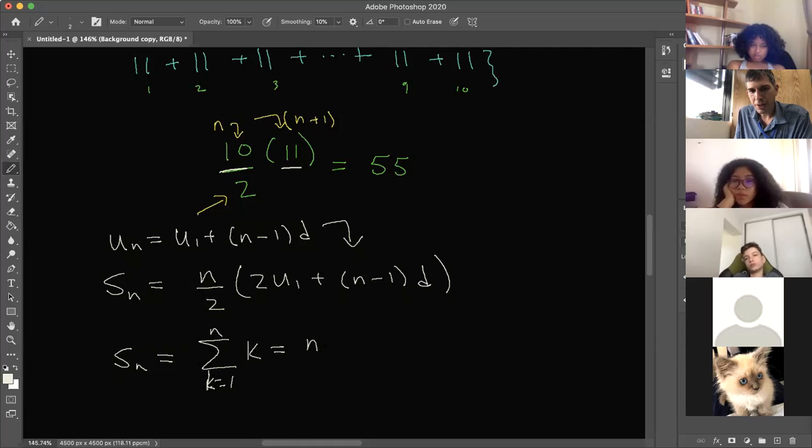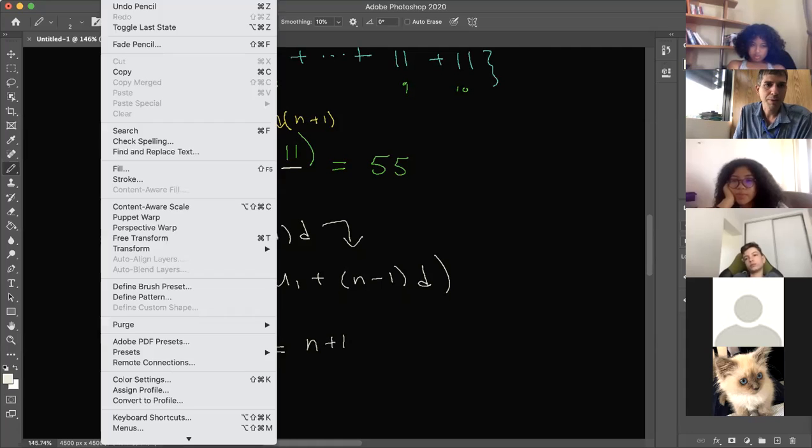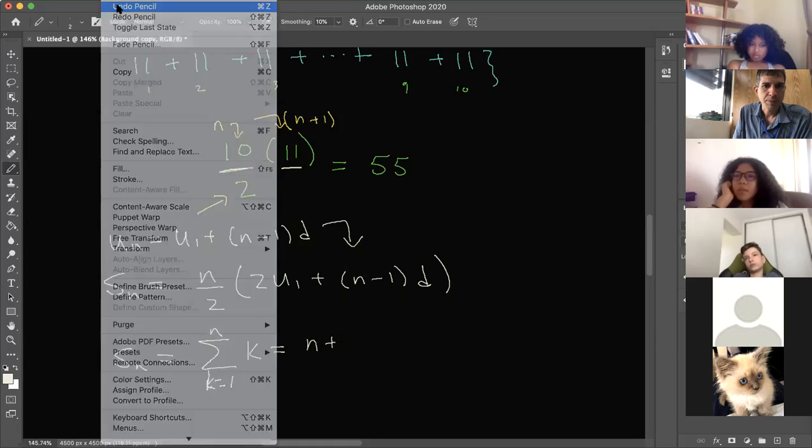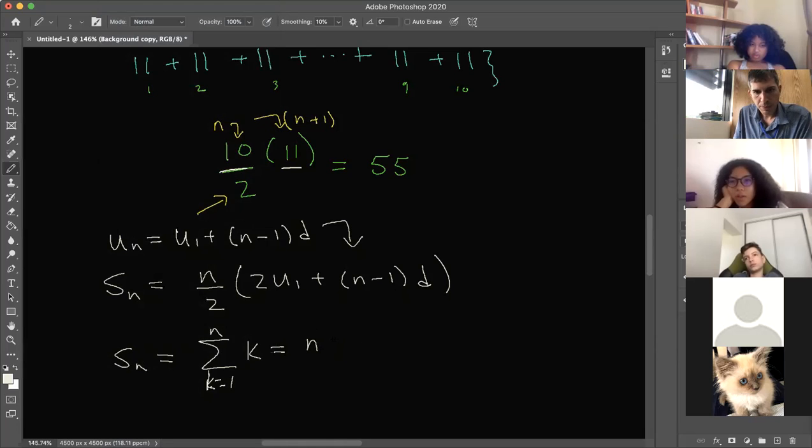We can also write this as n plus 1, sorry. It turns out that these are the exact same formulas.